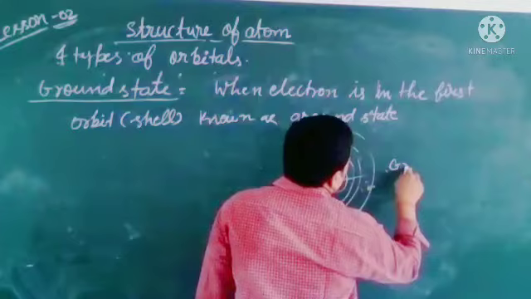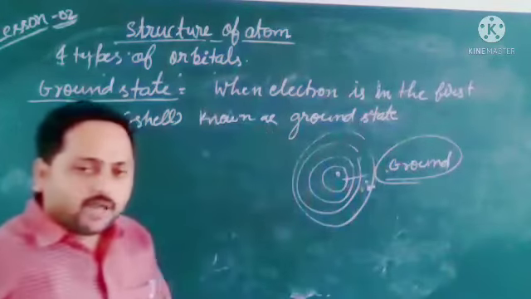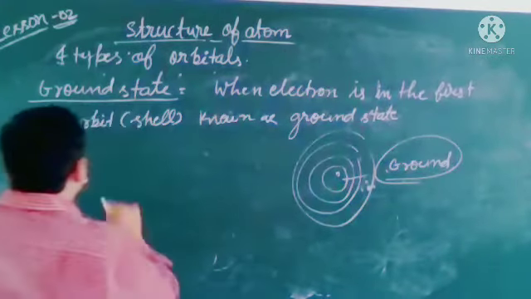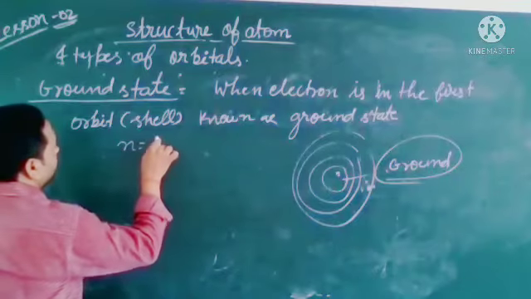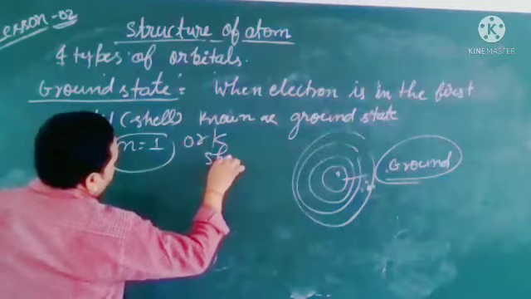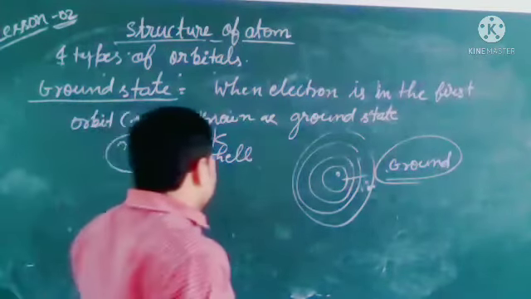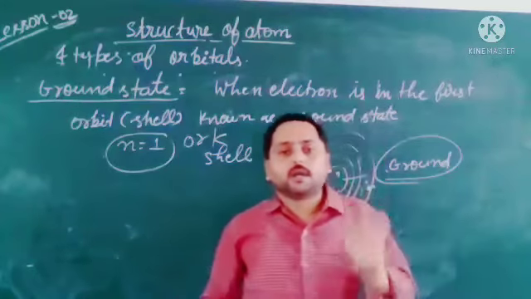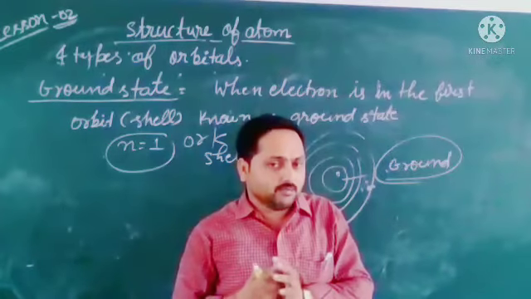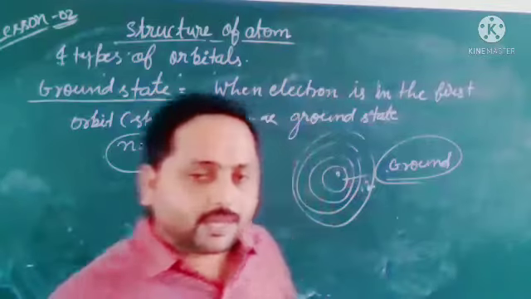In normal condition, electrons are in ground state. Okay, so this is the ground state.